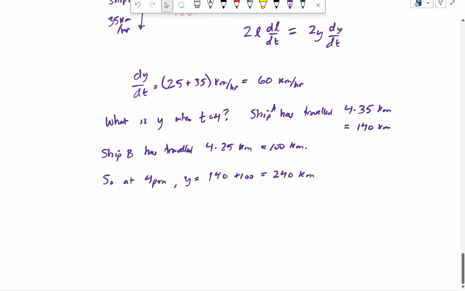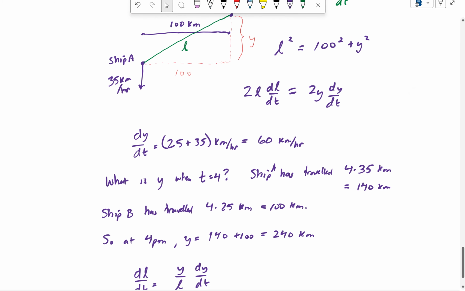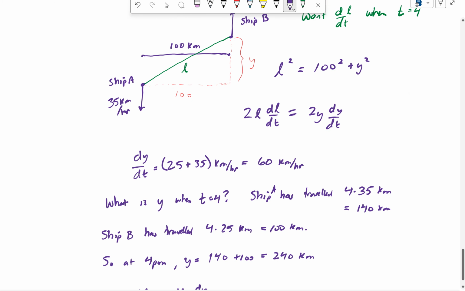So now if I solve for dl dt, I can go ahead and cancel those 2's, and I will have dl dt is equal to y over L dy dt. And I know what y is, I know what dy dt is, and then I can get the L here from the Pythagorean equation here. That will give me what my L is.